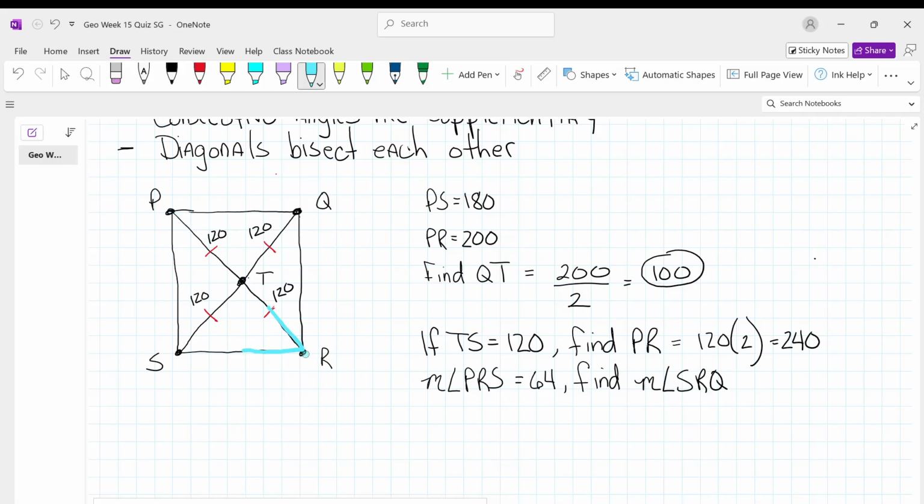Starting at P, down to R, and over to S. That angle is 64 degrees. We need to find the measure of angle SRQ. So SR up to Q. So we need this angle in here.